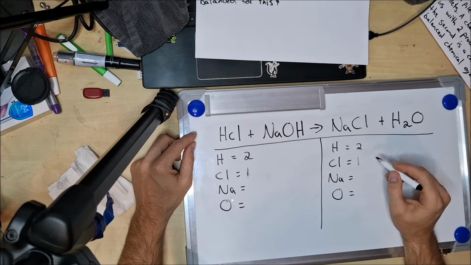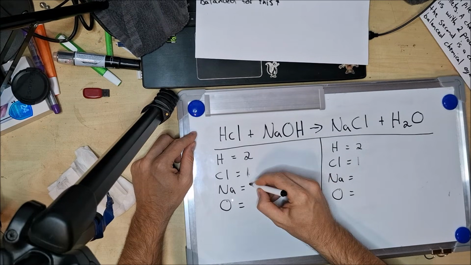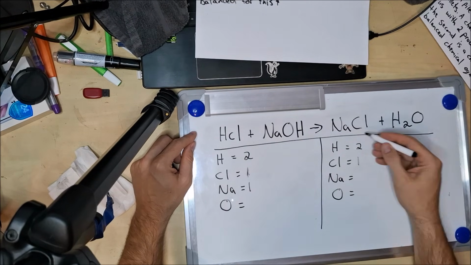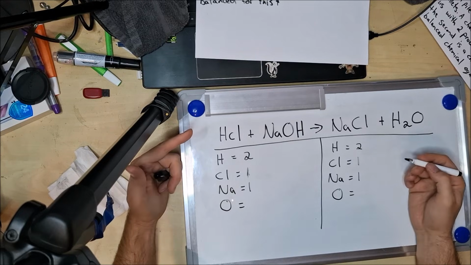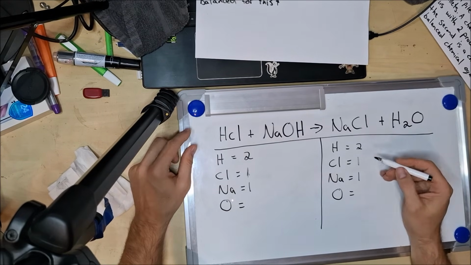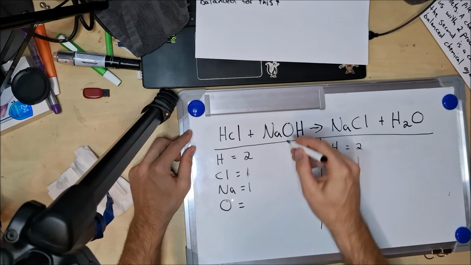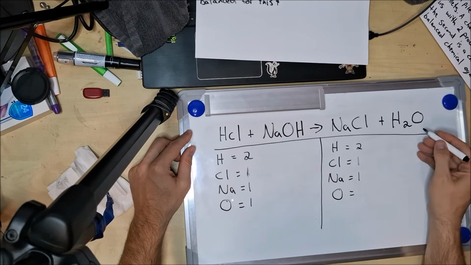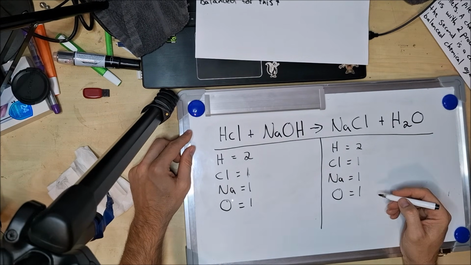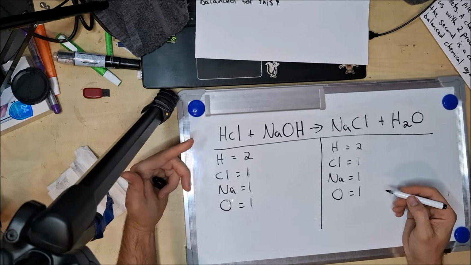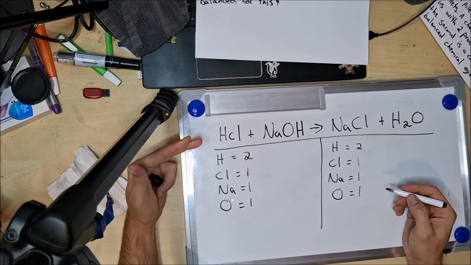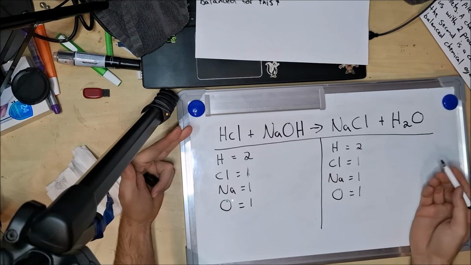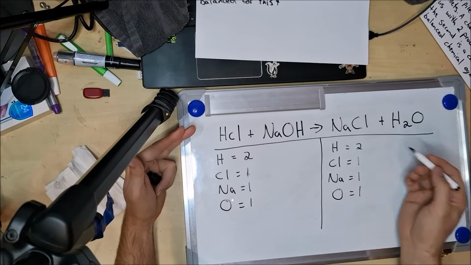Then on this side, sodium, I've got 1, and on that side, sodium, I've got 1. So far, everything looks balanced. Oxygen, on this side I've got 1, and that side I've got 1. So looking at this, our reaction is actually a balanced chemical reaction as it is.